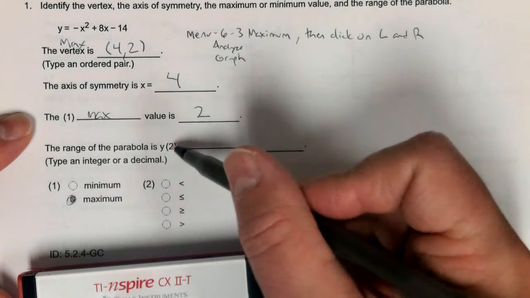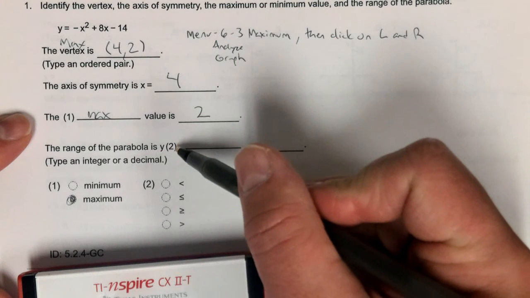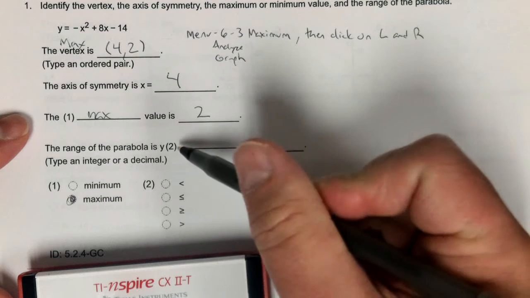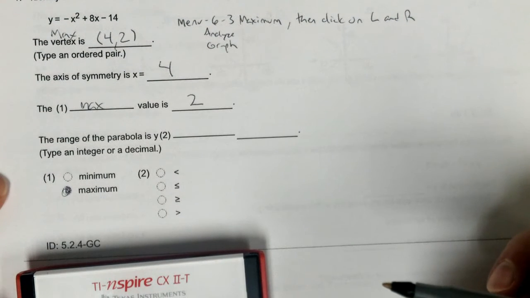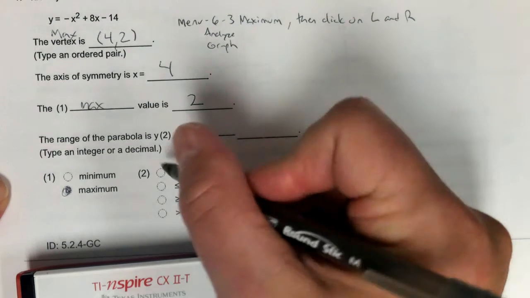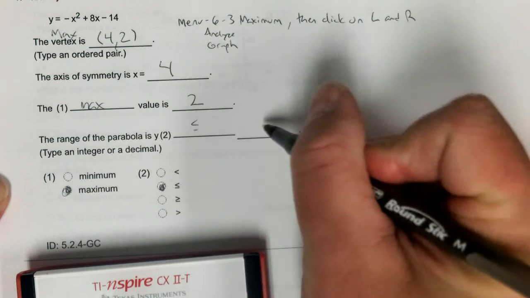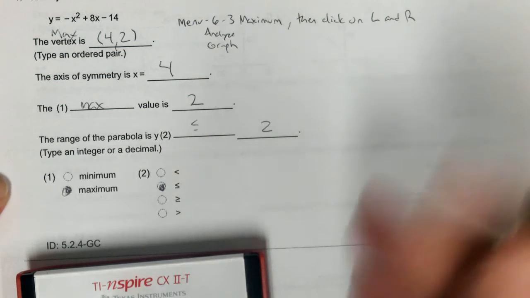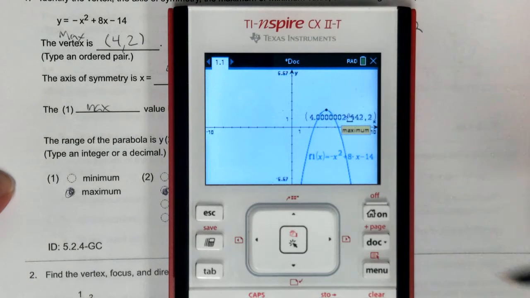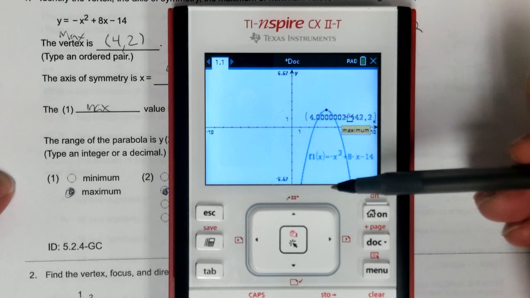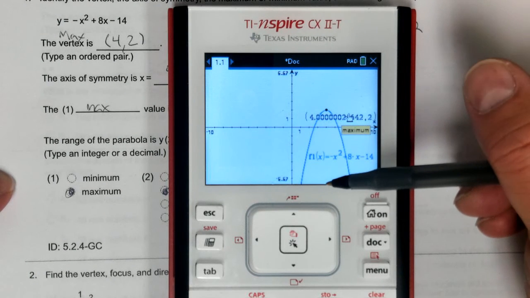The range is y, and again, it's multiple choice. It's going to be less than or equal to. So you could do this and then 2. So it's basically 2 or lower. So again, we call that negative infinity, 2 bracket.